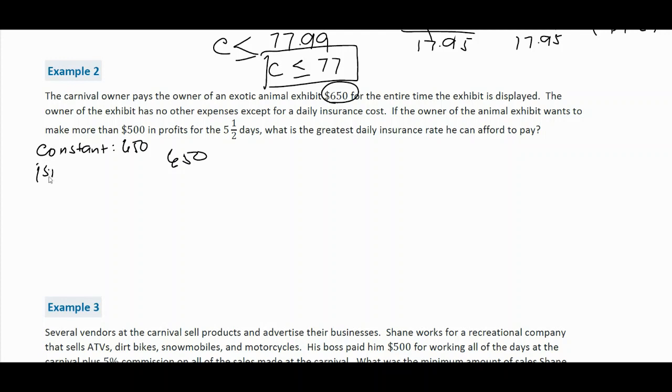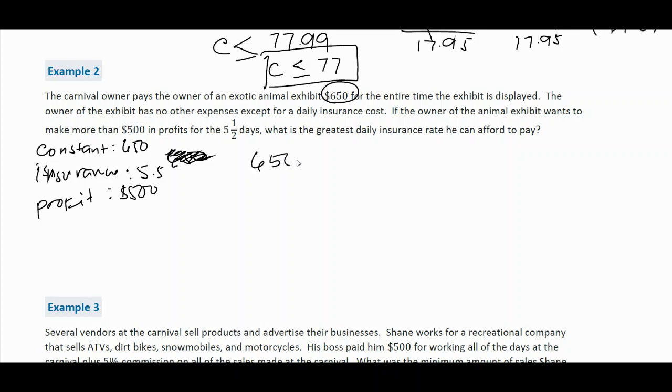So insurance needs to be paid for 5.5 days. And now the profit that they need to make is $500.